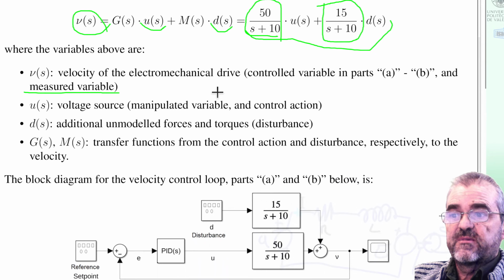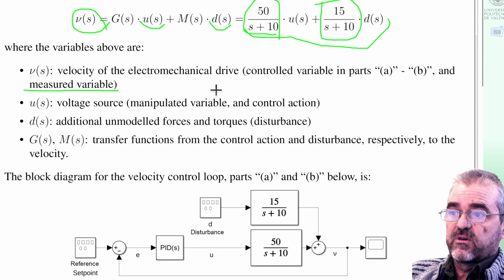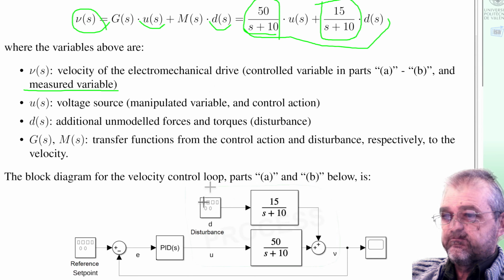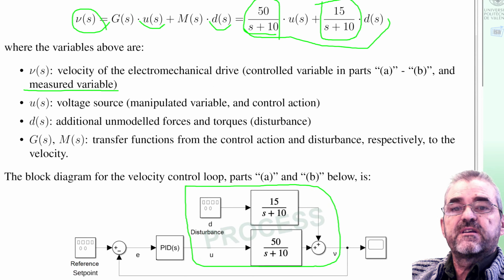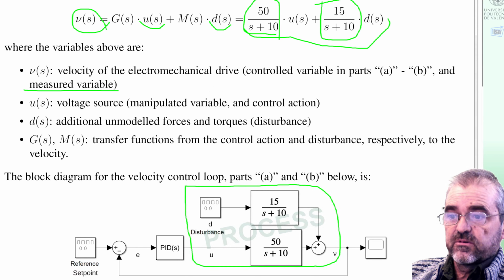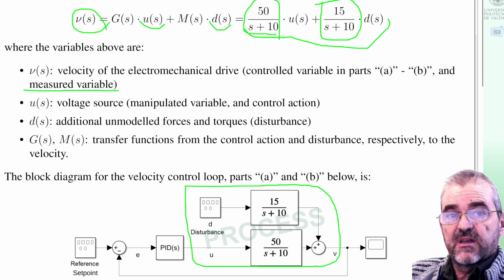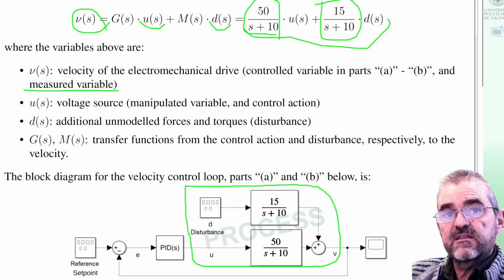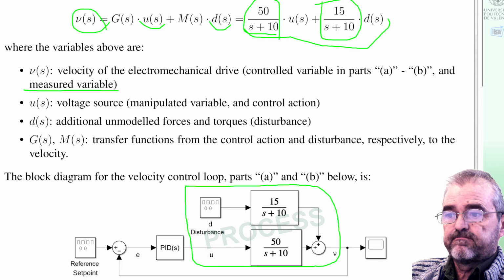So good. Then if we want to measure this speed variable and control it, we can express that problem statement as the block diagram we see below, in which this part I am surrounding in green is the open loop process. The velocity is the superposition of the disturbance and the manipulated variable U effects, each of them with a transfer function.